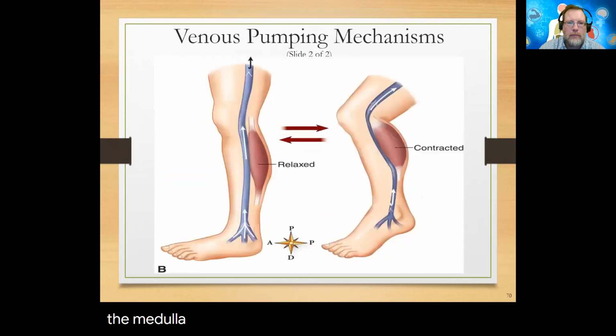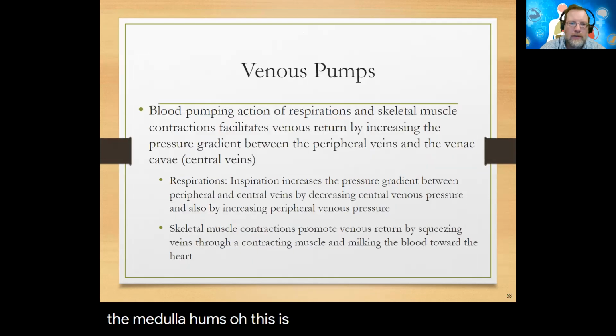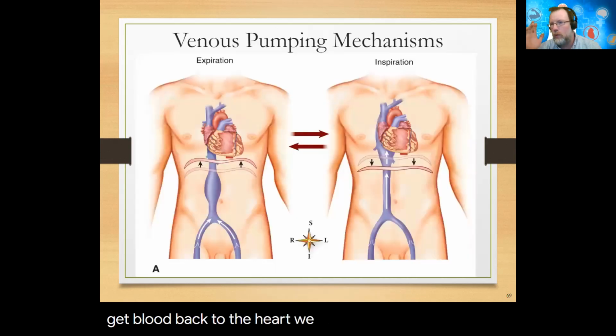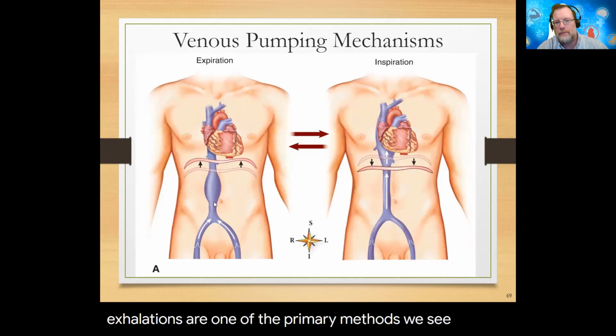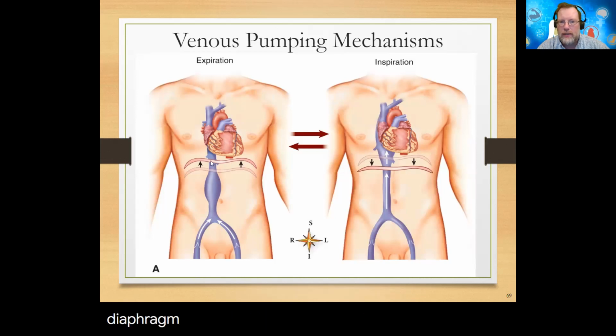Venous pumps. Oh, this is where it ends. How do we get blood back to the heart? We know how easy it is to get oxygenated blood to the heart. How do we get venous blood back to the heart? Inhalations and exhalations are one of the primary methods we see. The diaphragm works in essence like a pump to squeeze blood up.